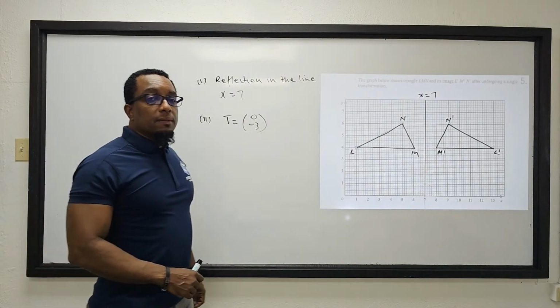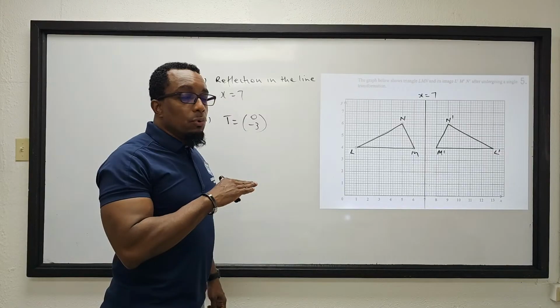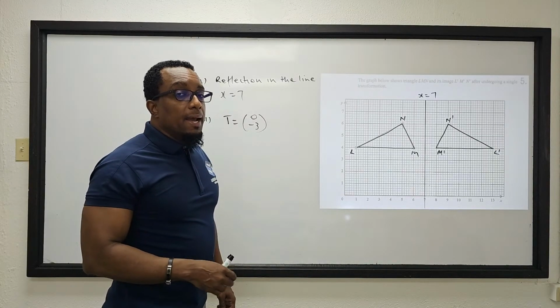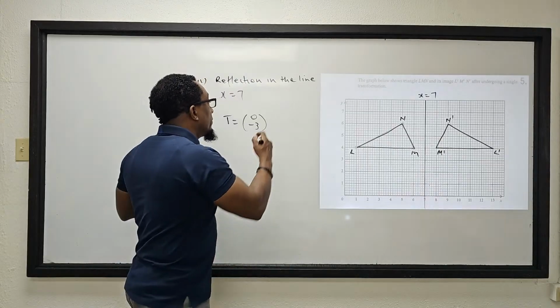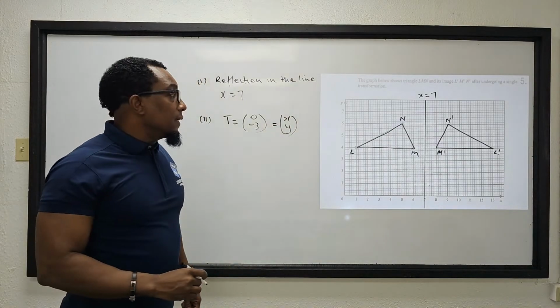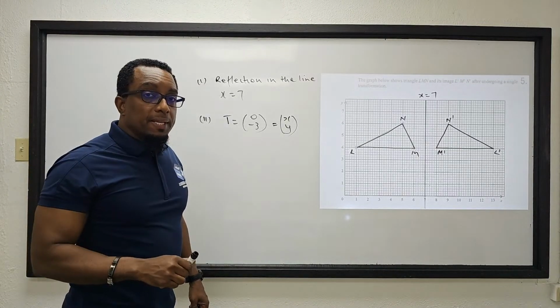So 0, -3 simply means we have no horizontal movement, but only vertical movement. Remember this is x, that's y. And because it is -3, we're going to move 3 places downwards.